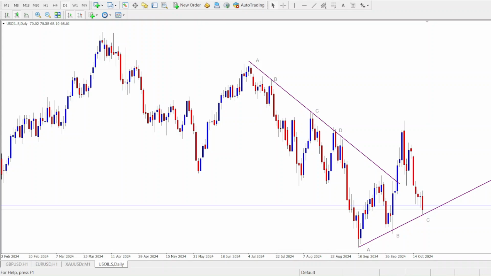Then you extend the line, because that line is going to be referenced in the future. For example, after these 2 points and we extended this line, you can see that later on price got rejected at that line, price got rejected again, and as for these two, we can see that price got here, price is being rejected.